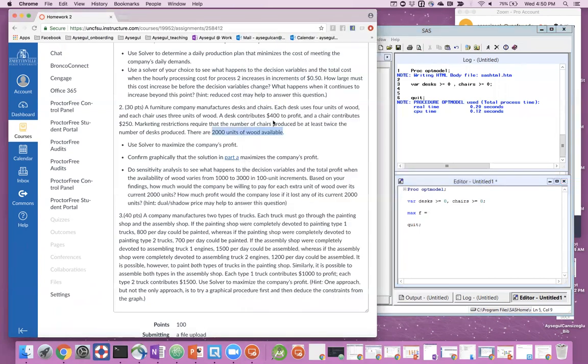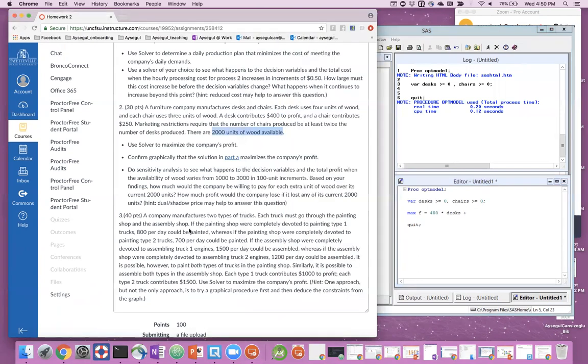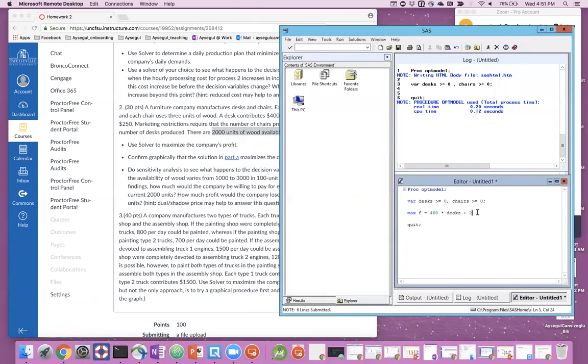When we look here, for each desk we are making, I'm just going to copy paste here, $400, and for each chair we are making $250. So this is the objective function. I'm not going to call it F. I'm going to give it a more meaningful name so that later when you look back at the code, it's more meaningful.